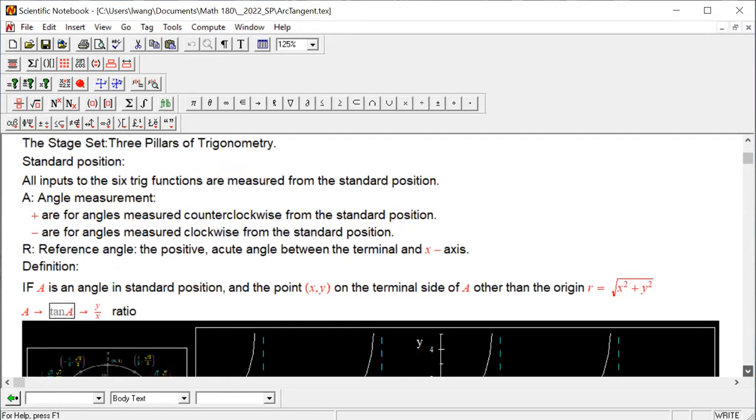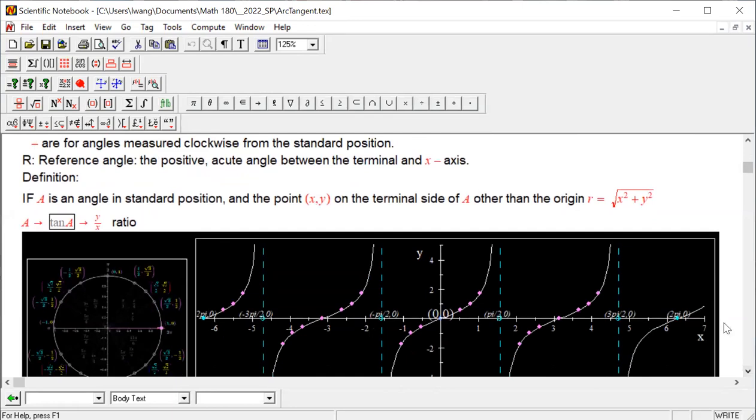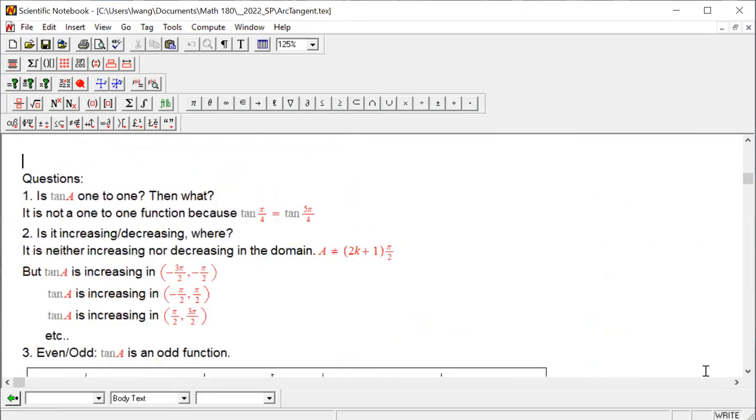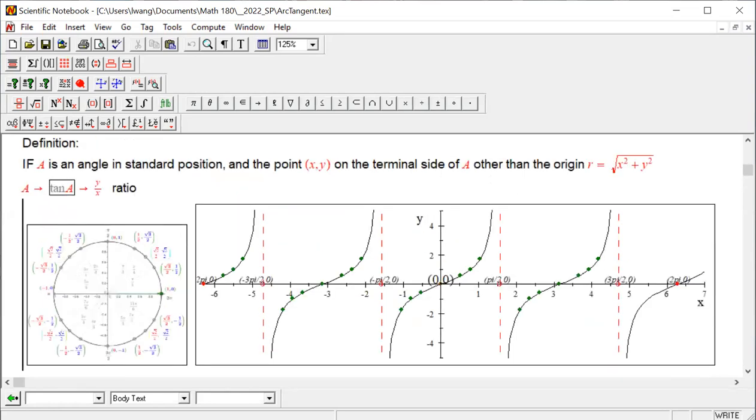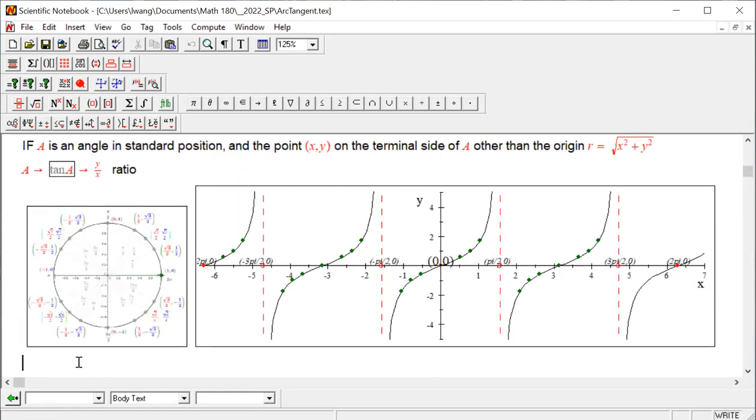We want to create a new function such that it could represent from ratio to angle.